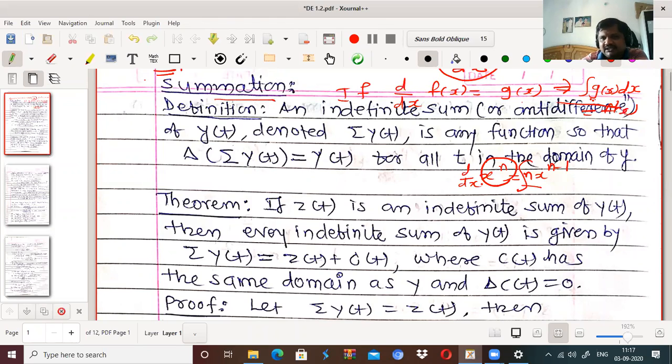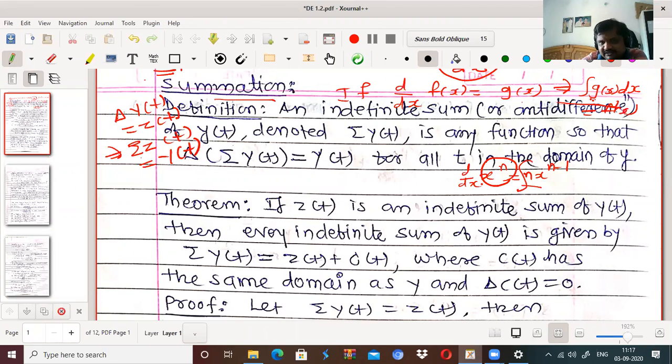In the same way we'll go for difference also. The concept of difference is parallel to integral. That means what? If delta of yt equal to zt, then summation of zt equal to yt. That means summation is the anti-difference of delta. This is a simple concept which is parallel to integral.